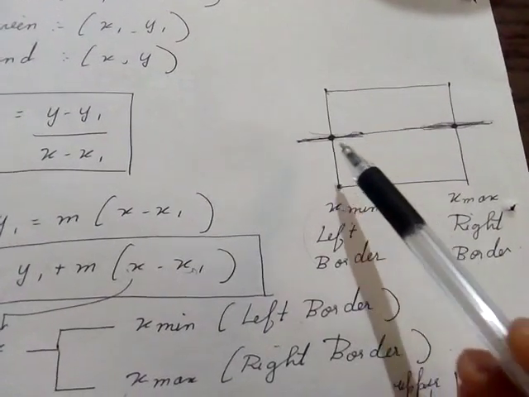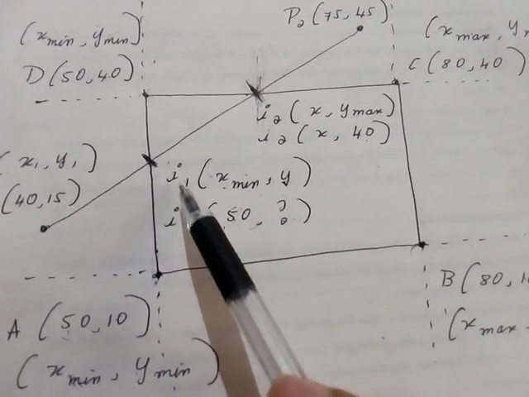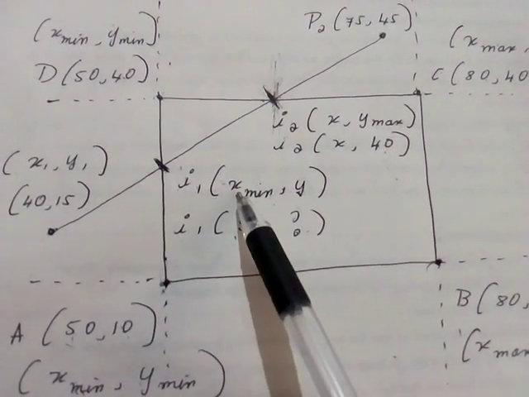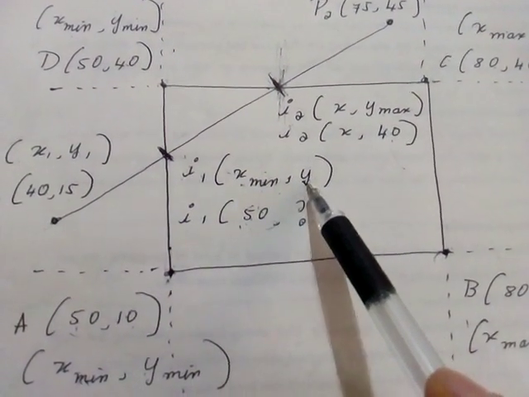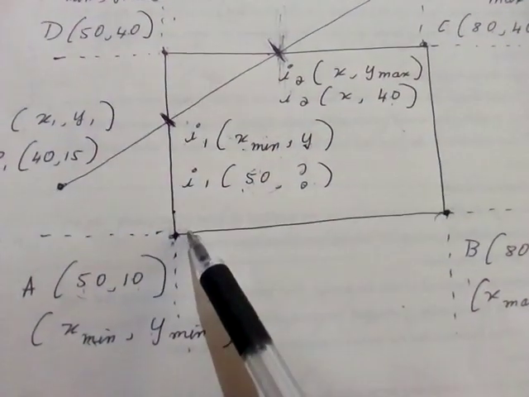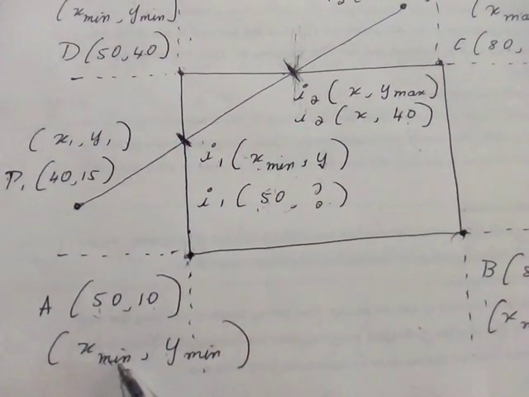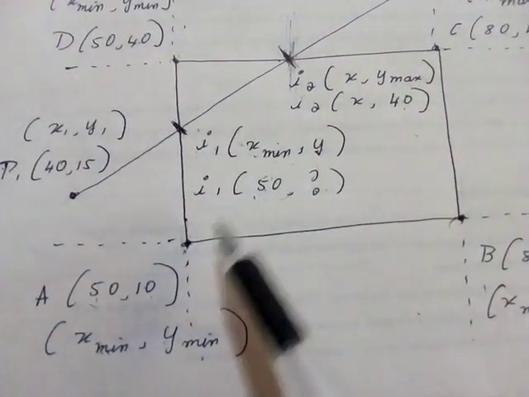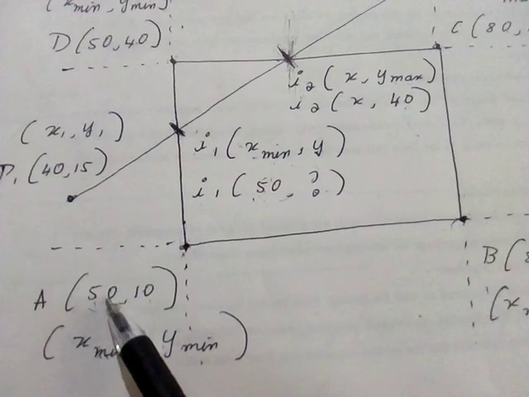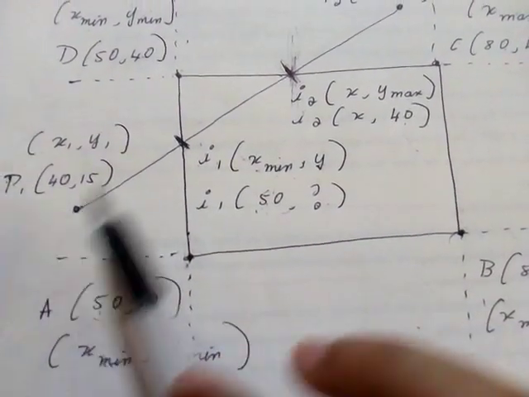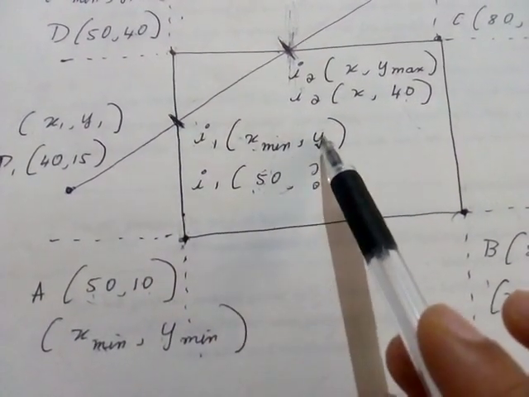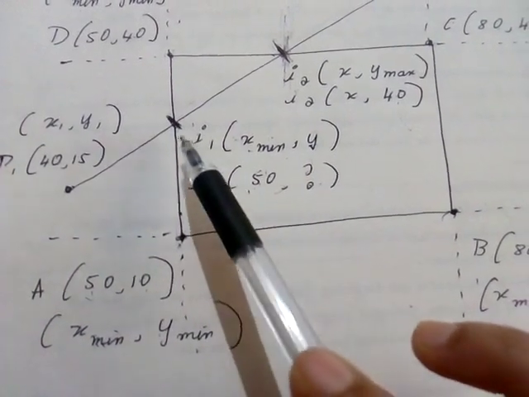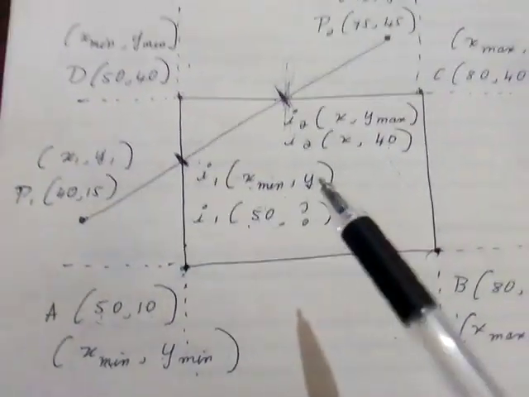So here I1 is the first intersection point and the X value is X minimum because this is the left border, and we have to find Y. X minimum for this left border is 50. Don't consider these other points. So X minimum at this left border is 50 and we have to find Y. So this is intersection 1.